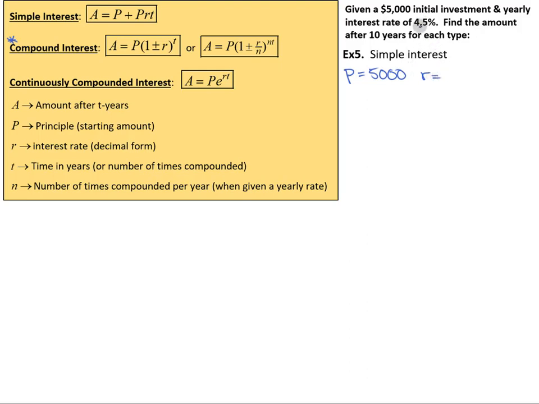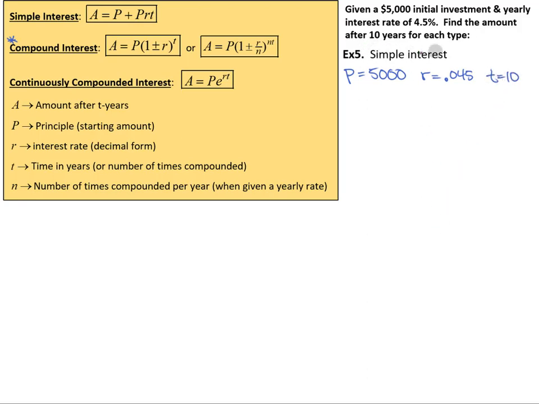Move your decimal over twice, and that's actually 0.045. So again, to convert from a percent to a decimal, move your decimal left twice. There is our interest rate in decimal form. Find the amount, so find A, for each type after 10 years. So T, our time, will be 10 for 10 years.